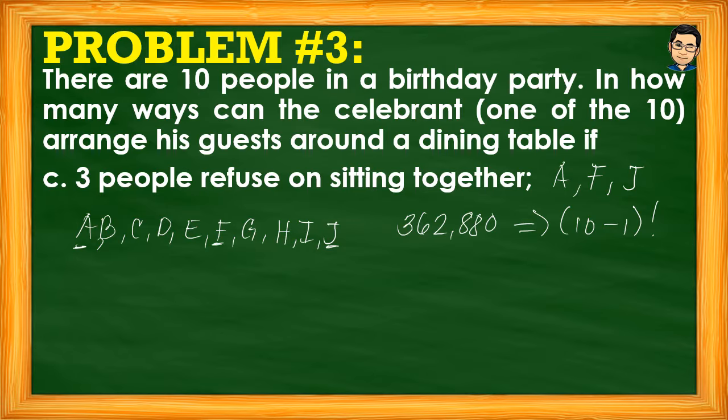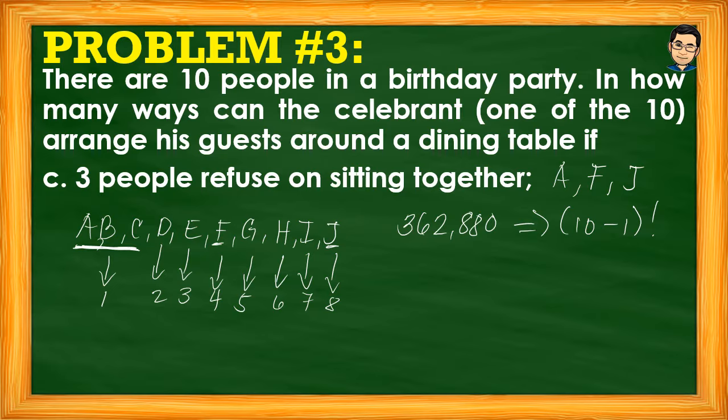Okay, so, paano natin gagawin yon? Like for example, ABC, yung 3 people na yon, pagsamahin natin. So, te-take natin yun as 1. And then, yung mga natitira, ayan. Okay. So, again, A, B, and C, ito naman po yung ways, yung arrangement na kung saan magkakatabi po yung tatlo na yon.